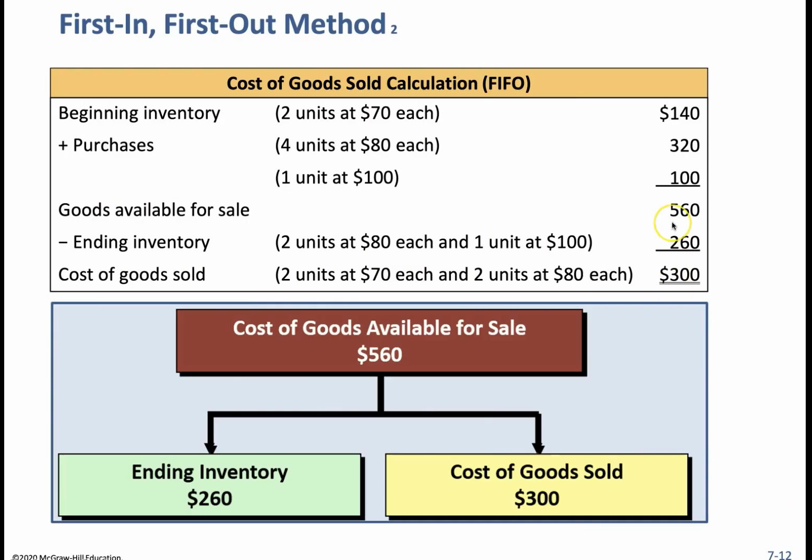If I'm using the formula that I just talked about, available for sale can only go 2 ways. It either goes to the cost of goods sold or goes to the ending inventory. So I'm going to take the $300 cost, subtracting from the available for sale, I get the ending inventory. Or the other way around.